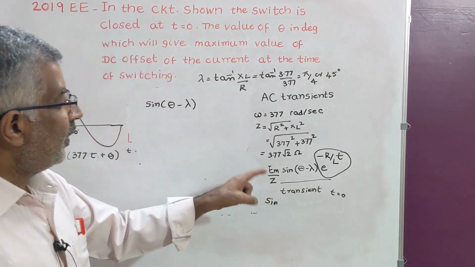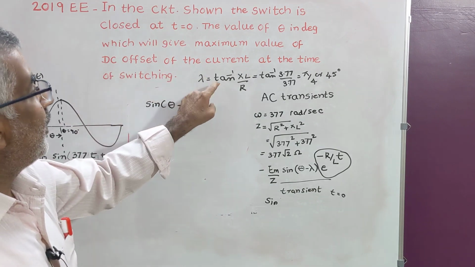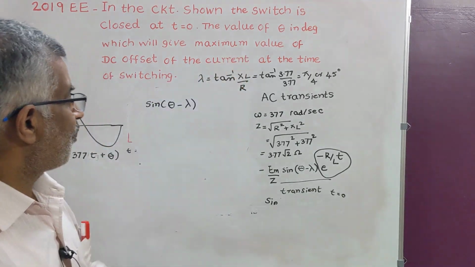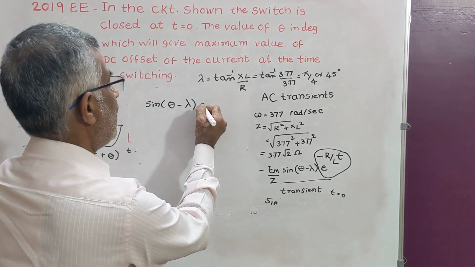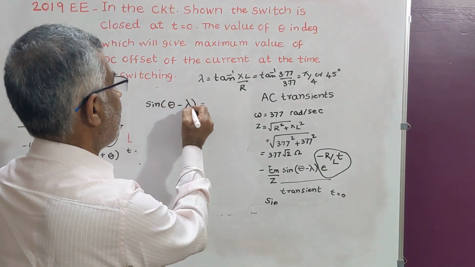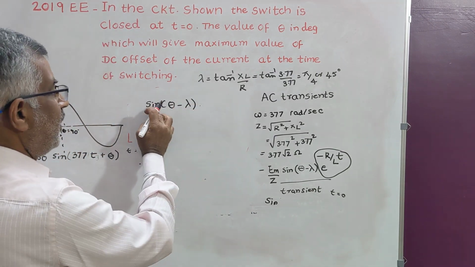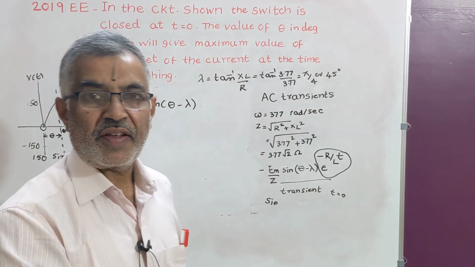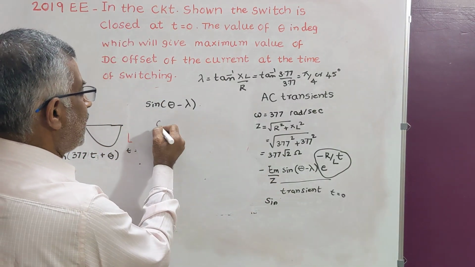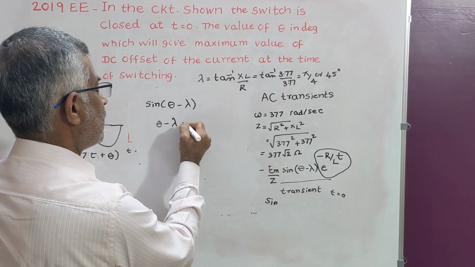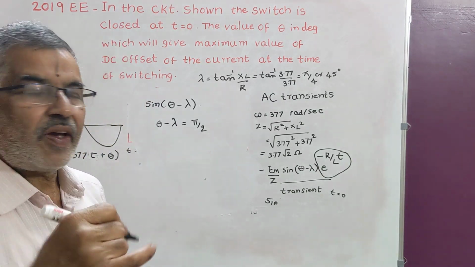Now, you have to find out for what value of theta the DC offset will have a maximum value. The sine function becomes maximum only when, what is the maximum value of a sine function? The sine function maximum value is 1. So when theta minus lambda becomes equal to pi by 2, the maximum value occurs.